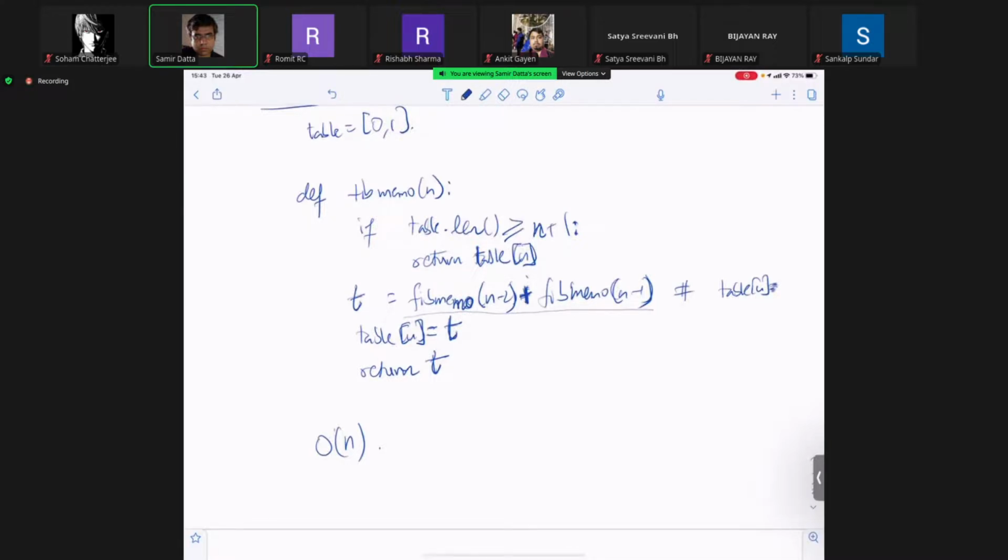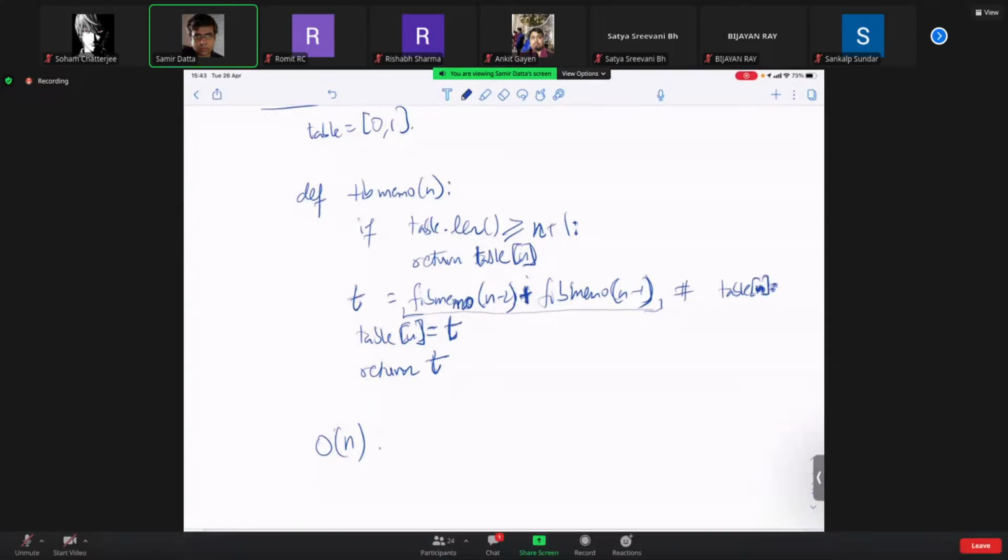If it evaluates it after evaluating the right hand side, then it will be fine. But if it somehow checks for this, so just check. Can somebody try it out? Just write table n is equal to fib memo n minus 2 plus fib memo n minus 1. Tell me.